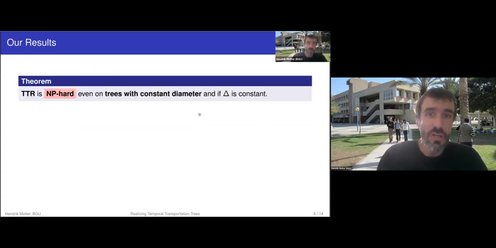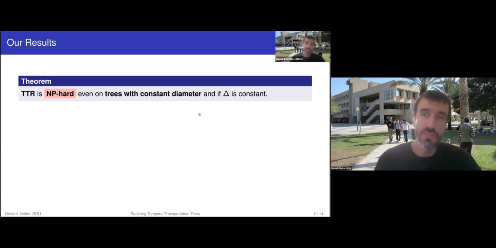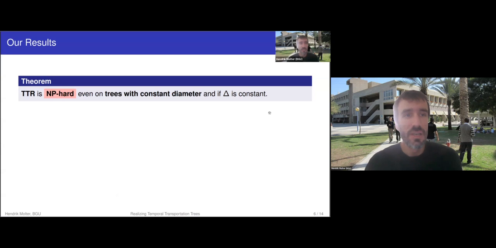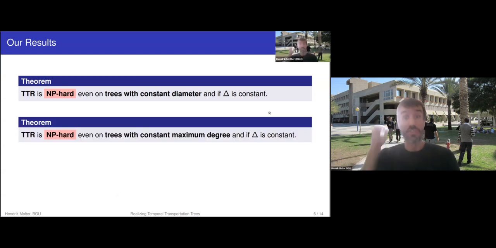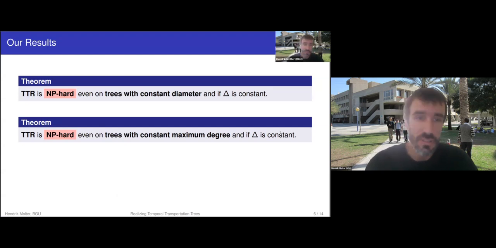And what are our results? So this problem is difficult to solve. It is NP-hard, even if the tree has a constant diameter and also the period length delta is constant. And it also is NP-hard if the tree has constant maximum degree and the period delta is a constant.